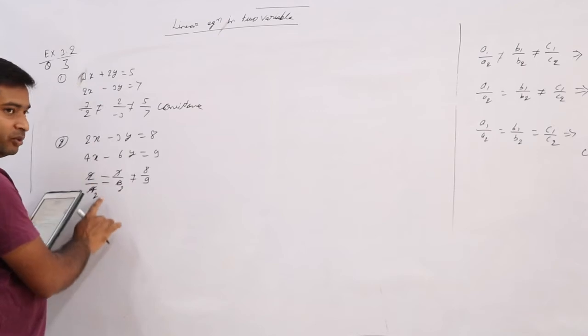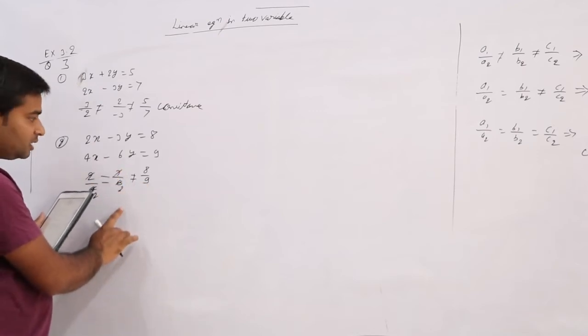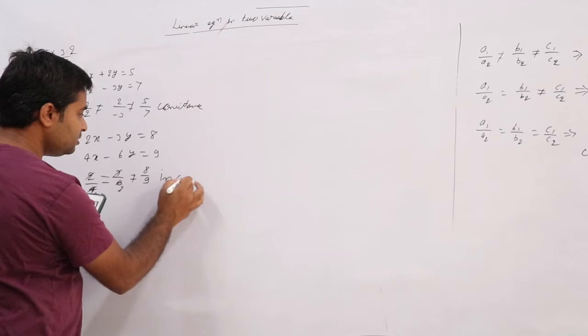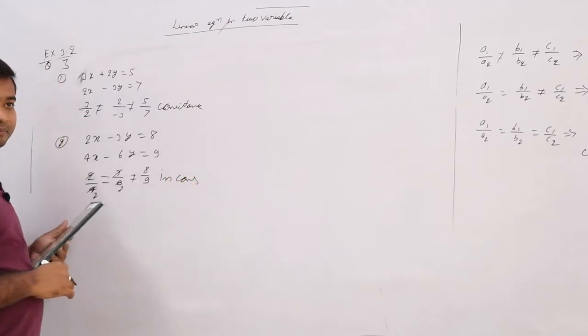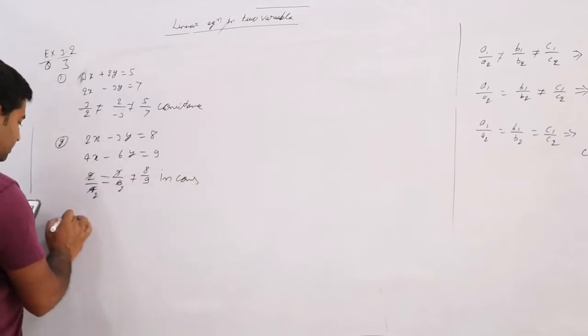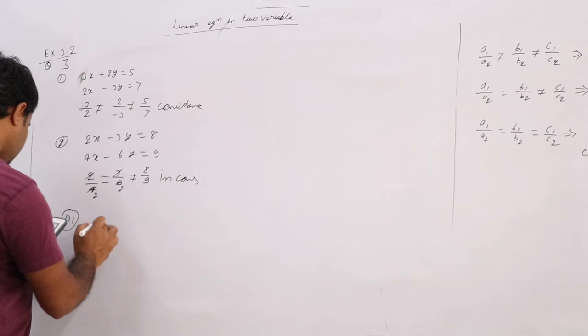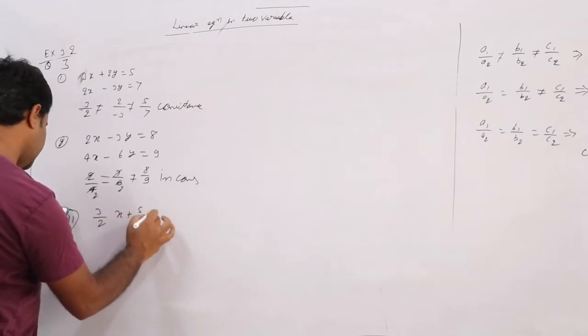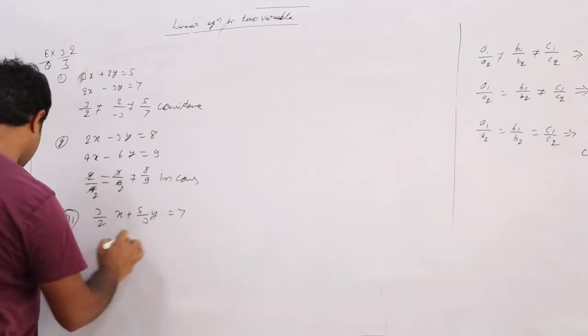So a1 by a2 is equal, b1 by b2 is also equal, but c1 by c2 is not equal. So this is inconsistent.